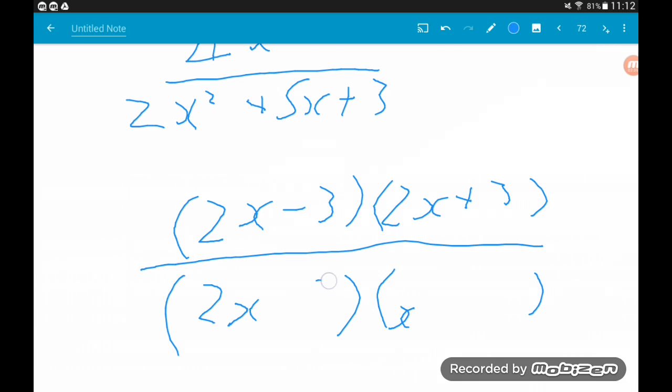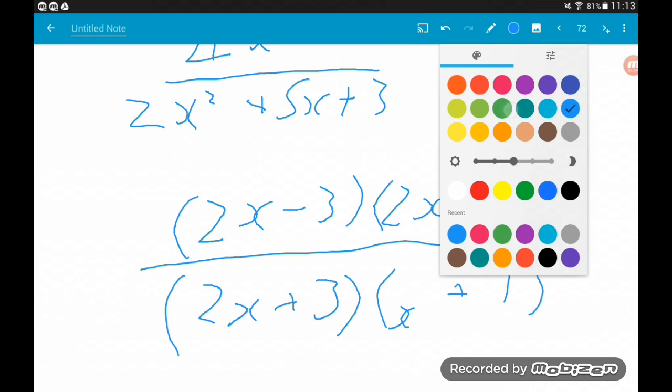So we're going to put a 3 in here, which means then to get the 3 at the end of the quadratic, we're going to have a 1 in there. Everything is positive in this quadratic, so it's (2x + 3) times (x + 1). I like that.